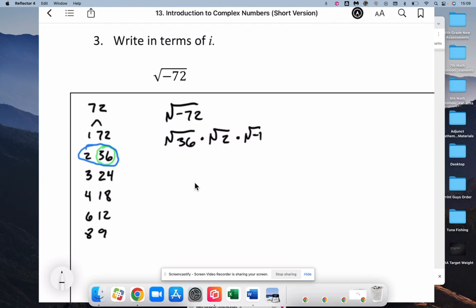The square root of 36 is positive or negative 6. The square root of 2 is still the square root of 2, and the square root of negative 1 is I. As I mentioned, Alex is going to want it as 6I square root of 2. Okay, and so that's it for that.